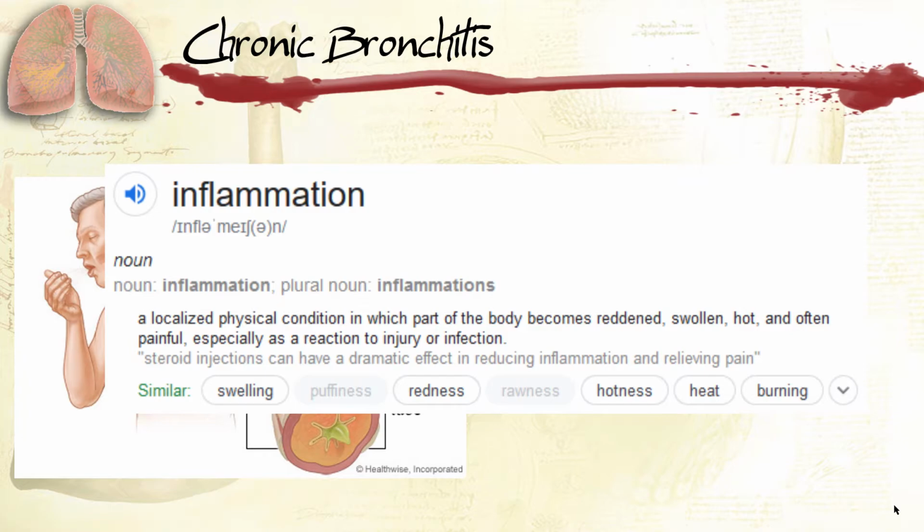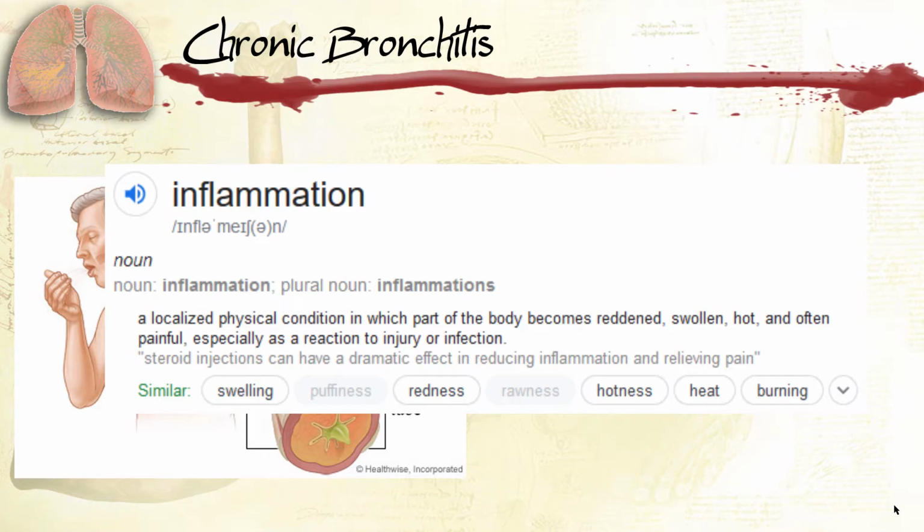But what is inflammation? Basically, inflammation is caused by over-enthusiastic body defense mechanism. So our white blood cells will go to a site where there's a lot of bacteria and try to kill the bacteria. And in the process, they will release a lot of toxic chemicals trying to kill the bacterial cells.